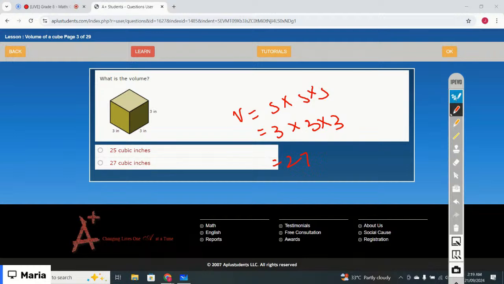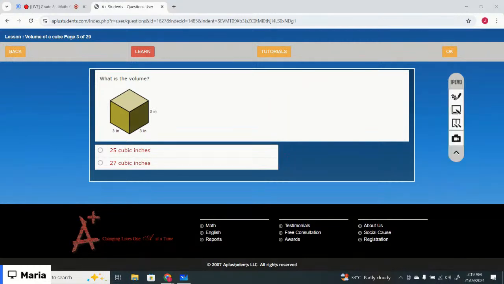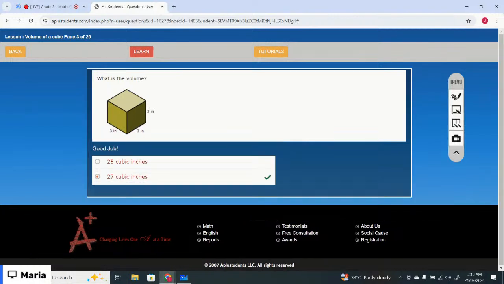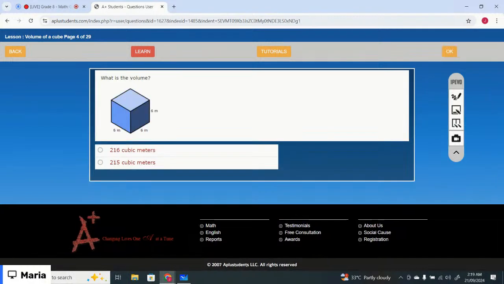Okay, so the next one is, what is the volume? You are given the side, that is 6 meters. So you have to do 6 times 6 times 6. So which is the correct option?